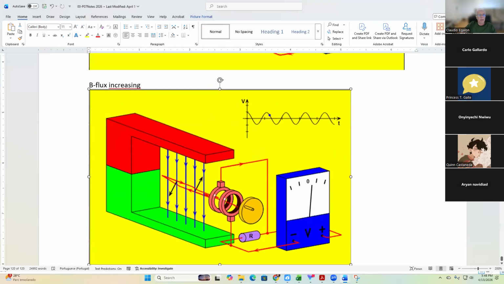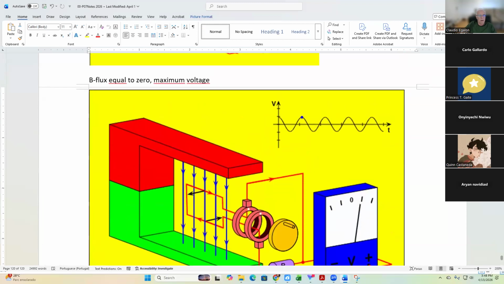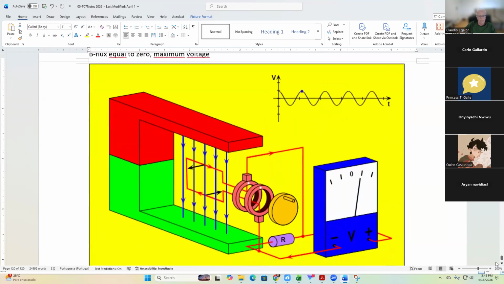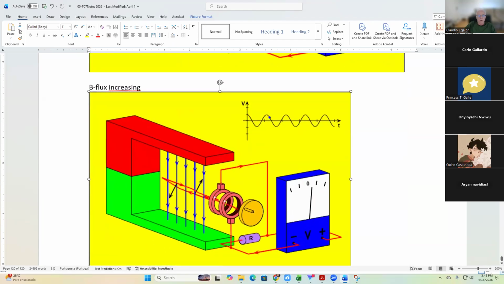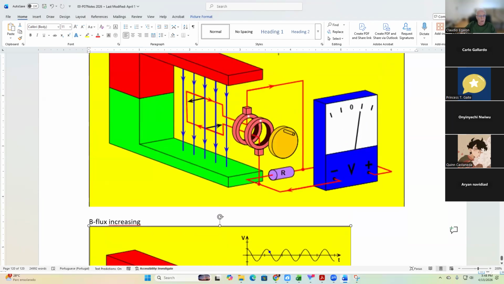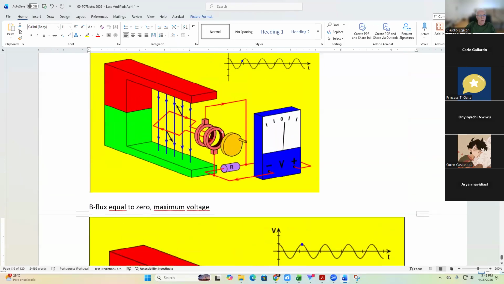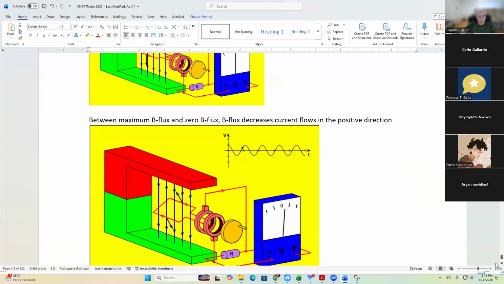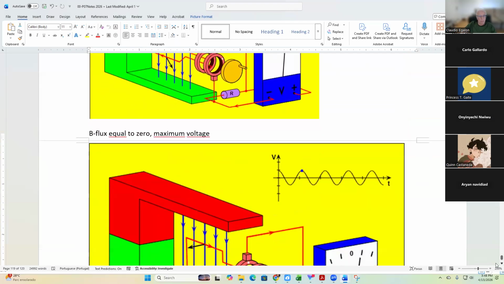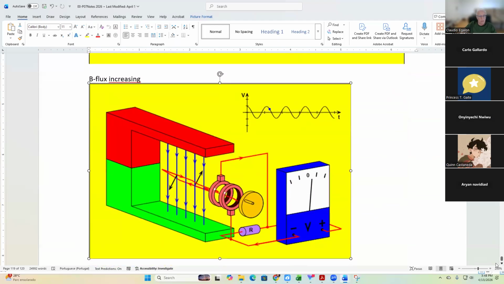B flux increasing again. Let's take a look at the direction of the current flow, right? Here you go. During this instant of time, the current is flowing from here to here. The current is flowing in the same direction. It didn't invert the direction yet, right?